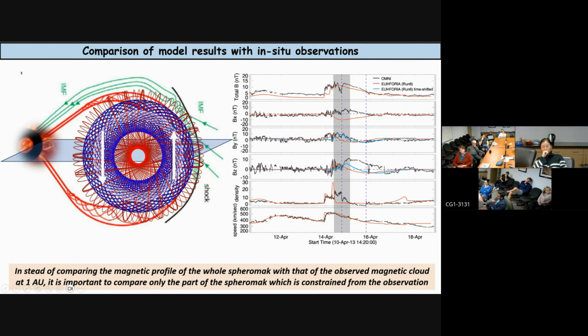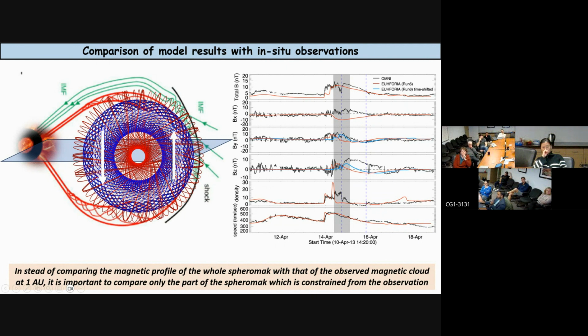Because this is a rotating structure, at this part the north-south component will be southward, so it will see a negative part when the spacecraft crosses through here. That's why in our modeling we are getting this negative part: our structure is not attached to the sun, so we get this part as well.